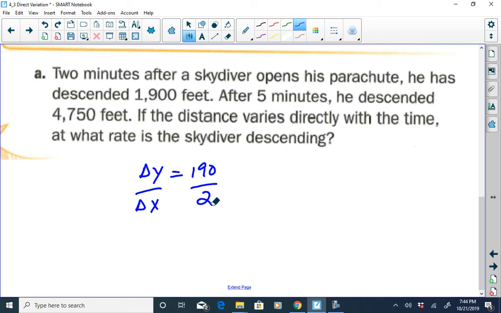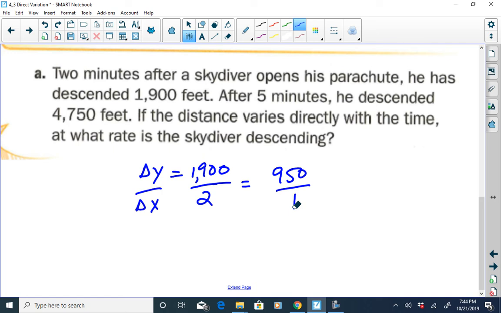So if I want to find that unit rate, I have to take my 1,900 feet, which is my vertical change. My horizontal change is going to be the 2 minutes. When I divide 1,900 by 2, we get 950 over 1 as my slope.